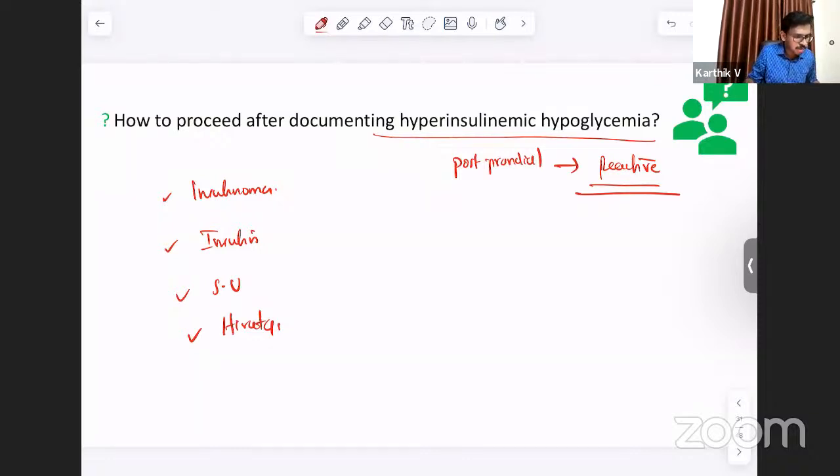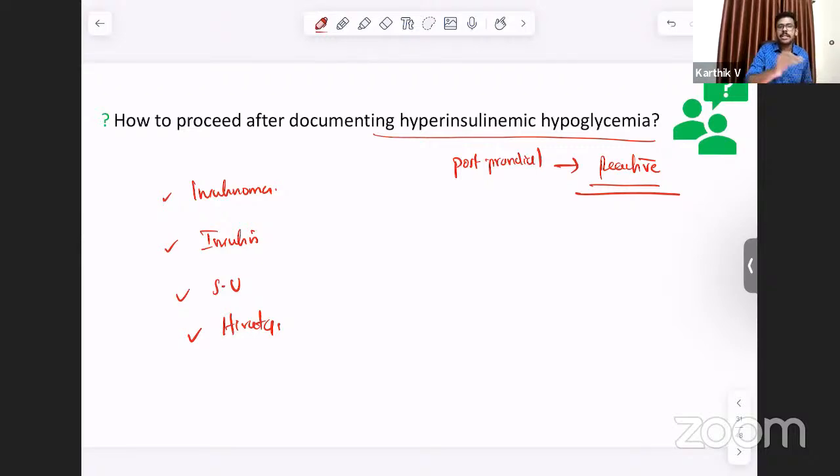So Dr. Rose is asking if the glucometer is showing low values during the fast test, can we rely on that? That is exactly what I've told. Whenever the blood glucose through a glucometer is showing a value of, suppose, 50 milligram per deciliter, you don't take that for granted. You don't ask the patient to stop the fast.